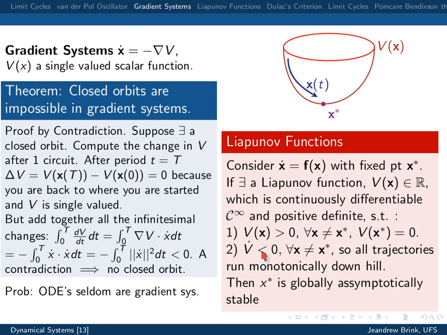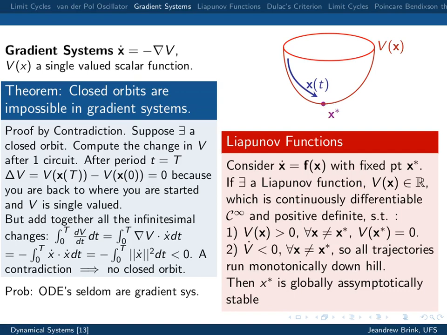V dot less than 0 along all the trajectories basically means that at every point along a trajectory, it's going to run downhill, okay? And if it does that, you can basically show it will always run to the minimum of the potential, which is where V star equals 0. Okay, so it's a very nice intuitive check.